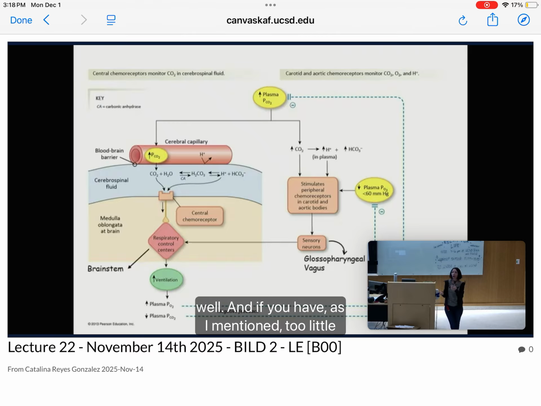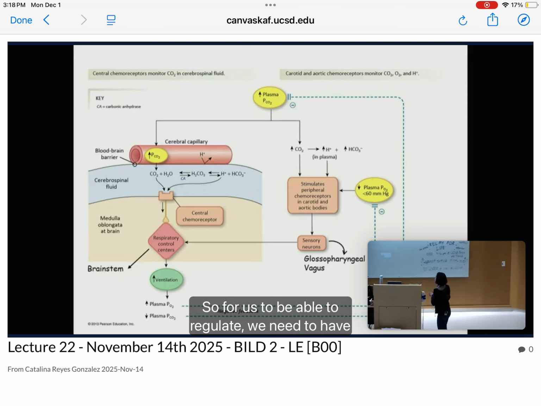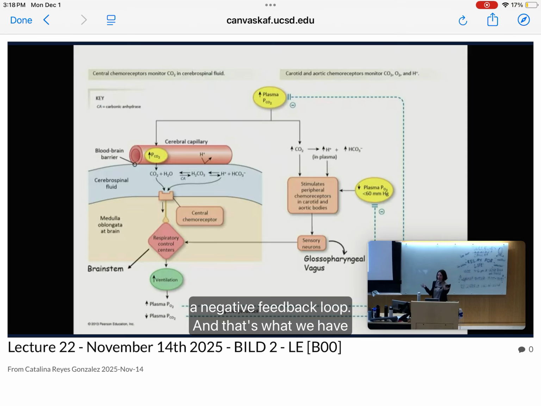And if you have, as I mentioned, too little oxygen, you don't satisfy the metabolic demands of tissues. If you have too much oxygen, oxygen is toxic. You don't want to have too much of that, okay? So it oxidizes, right? So it's going to damage tissues. So you have to regulate these physiological variables and keep them within a homeostatic range. So for us to be able to regulate, we need to have a negative feedback loop.